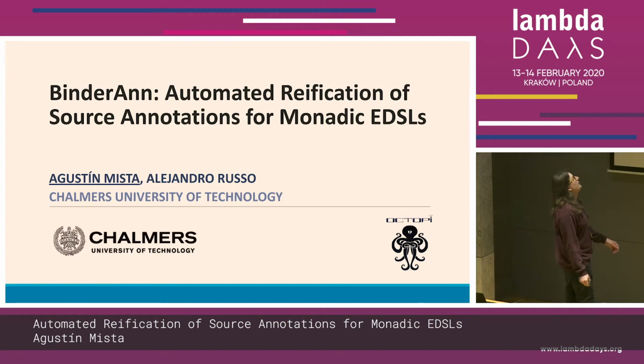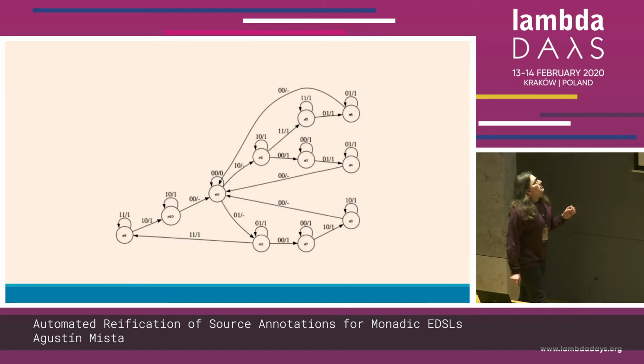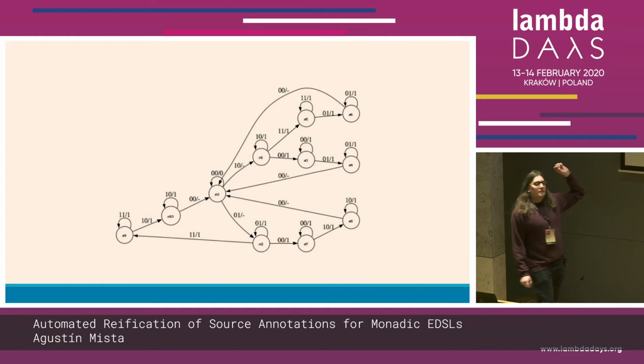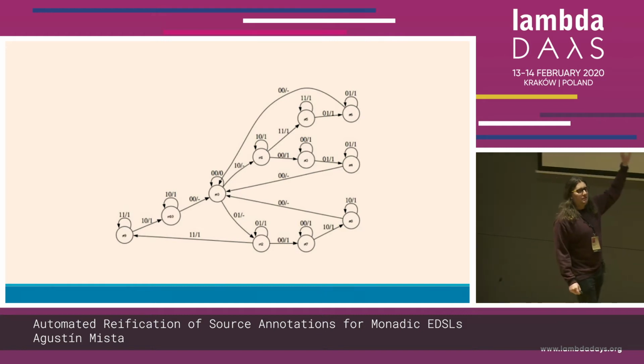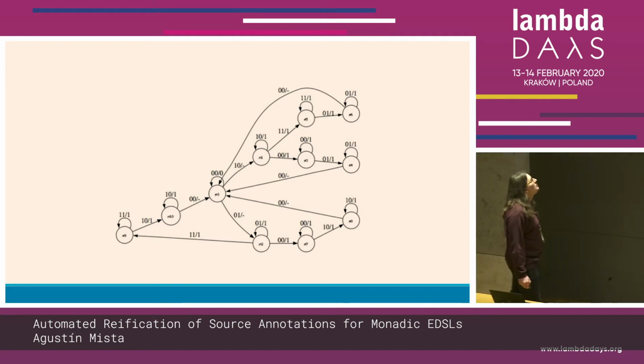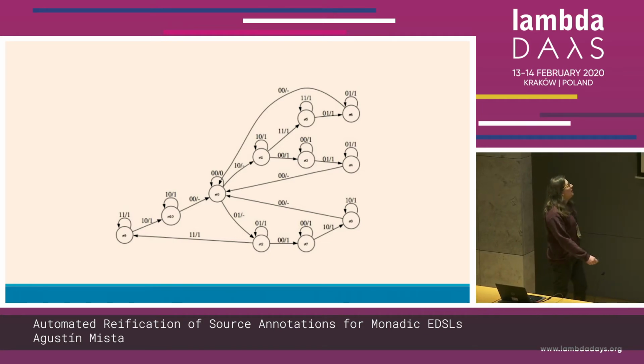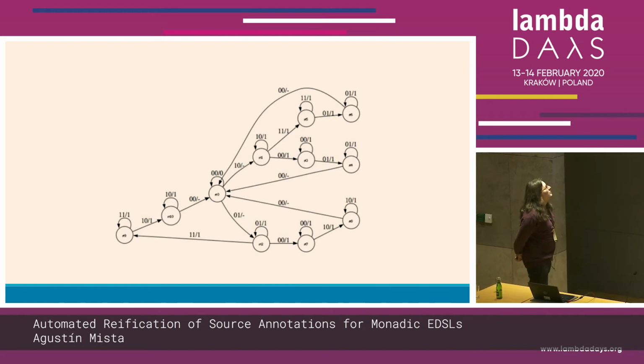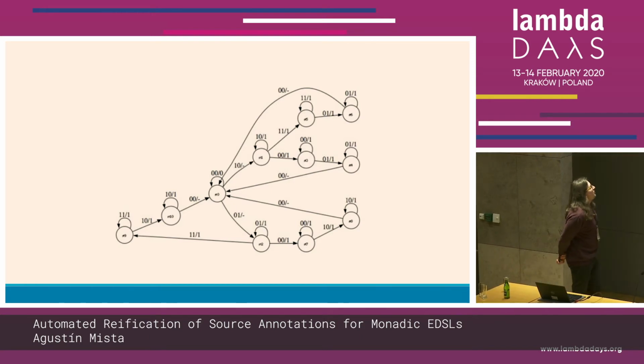So let's take an example. Let's think of a semaphore with a very complicated finite state machine that cycles between green and red, right? And after hacking a little bit on Haskell, we can come up with a monadic EDSL for representing this.